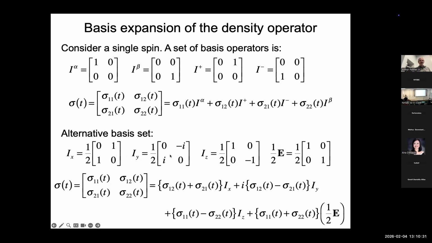And if we do that arithmetic, we get these two matrices. And then Iz here, remember, represents the difference between the population of the alpha state and the population of the beta state.